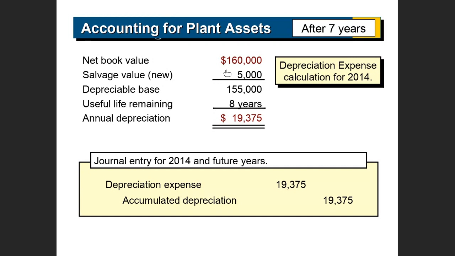Out of 15, how many left? 8. Book value is 160,000. Subtract 5,000 salvage value, which is going to be the value at the end, and you have 155,000. Divide that by 8 years, and you have 19,375. So for the remaining 8 years, the depreciation expense is going to be 19,375. Debit expense, credit accumulated depreciation.